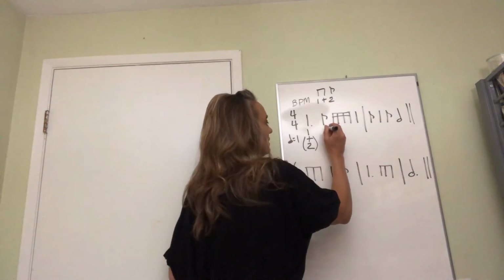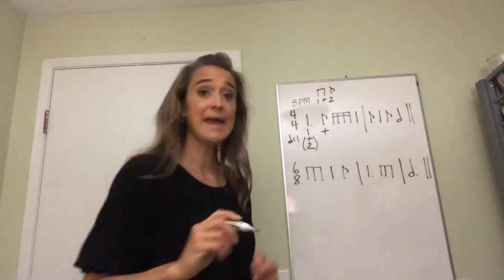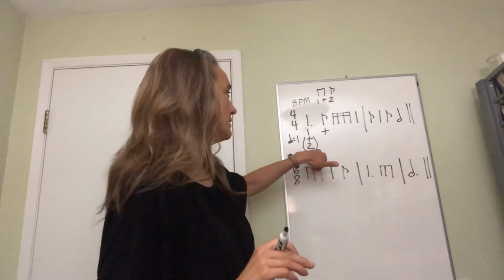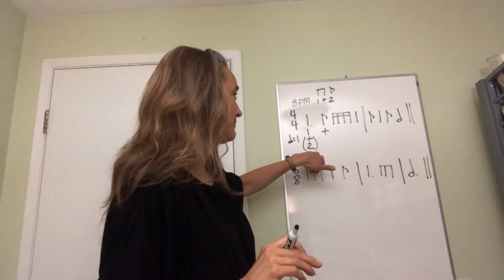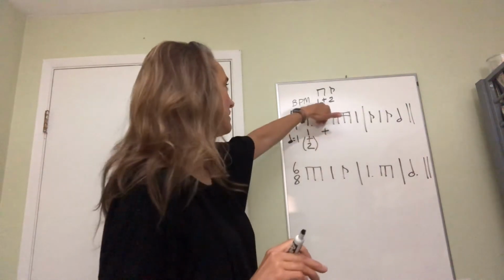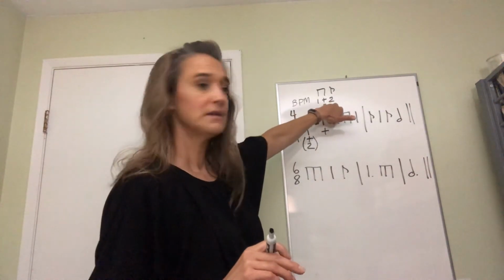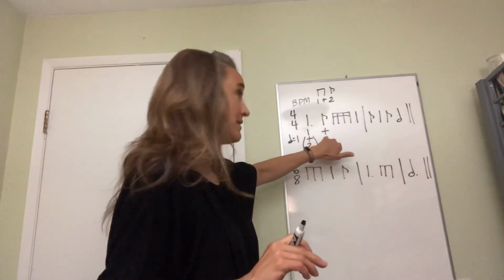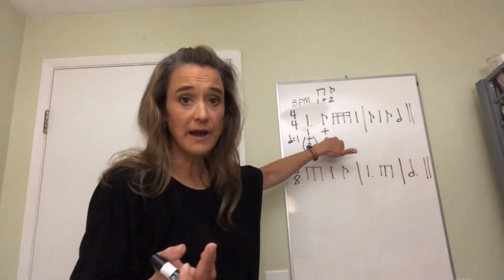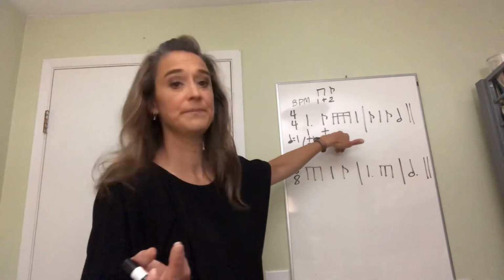Well, it would be and, because if 2 is a half beat, then the other half should be an and. So the 8th note is a half beat. The and stands for a half beat, so we're done counting the 8th note.